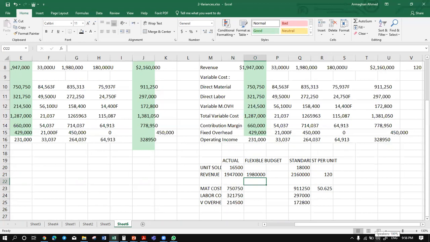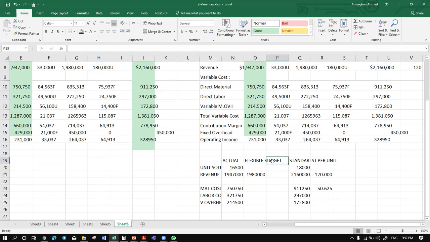How much are we getting? 1,980,000. The revenue amount was 1947. Okay, fine. This is the flexible budget we got.